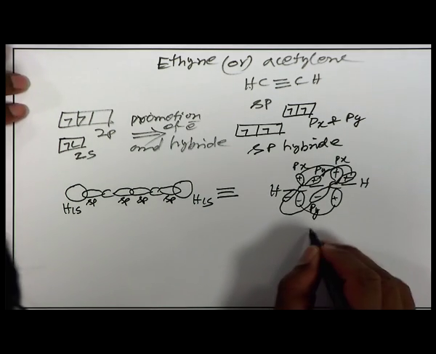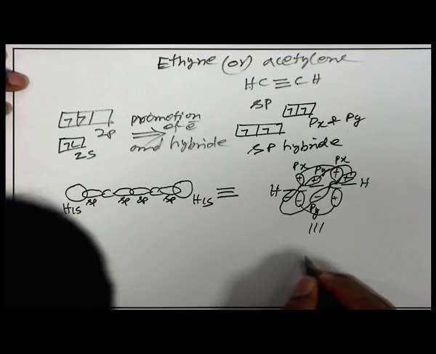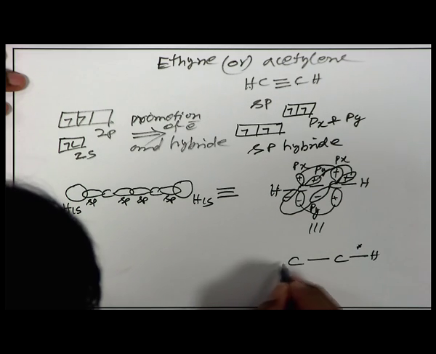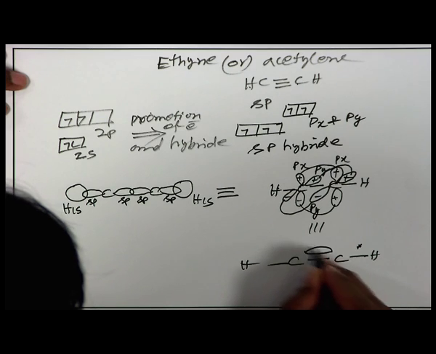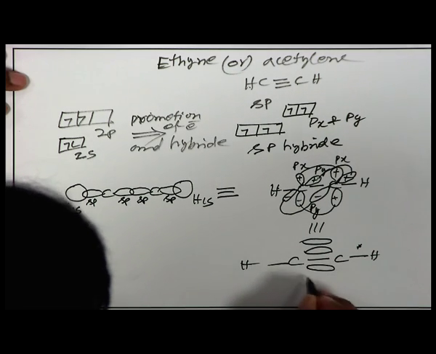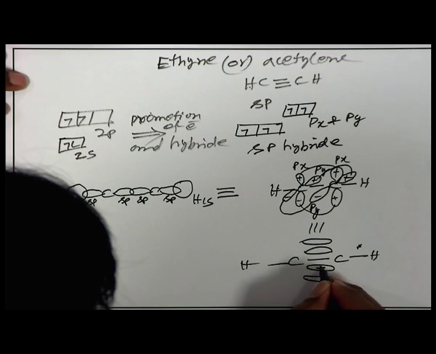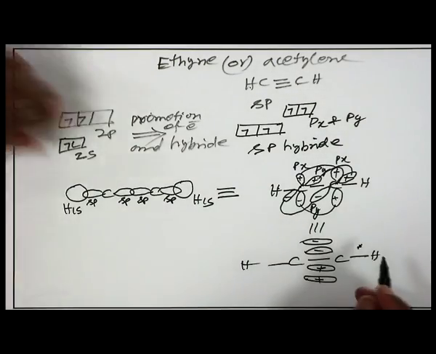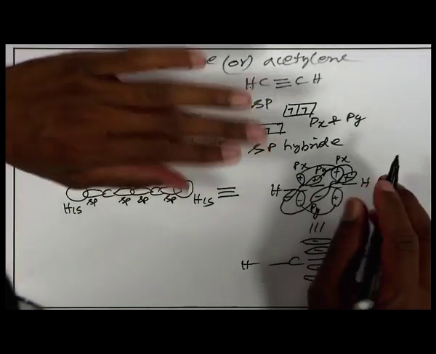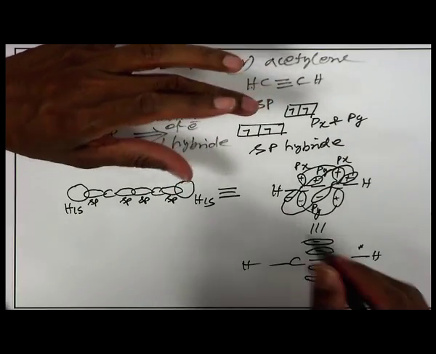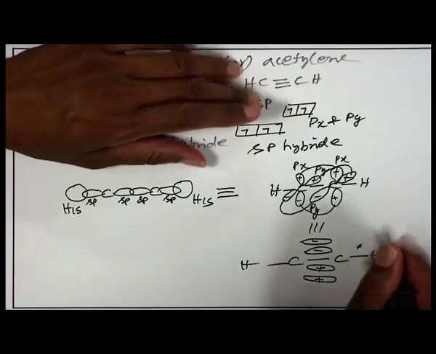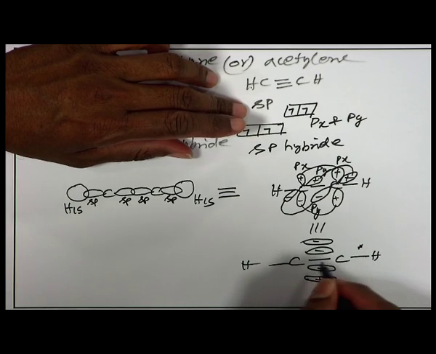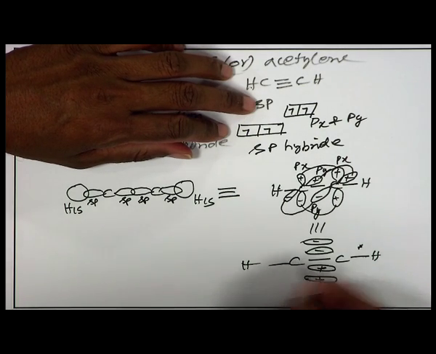So that will give two pi bonds, a carbon-carbon sigma bond, and then a hydrogen here and a hydrogen here. There are two pi bonds which are perpendicular to each other. Because px and py orbitals are orthogonal to each other, the pi bonds formed by them are also orthogonal, perpendicular to each other and to the internuclear axis.